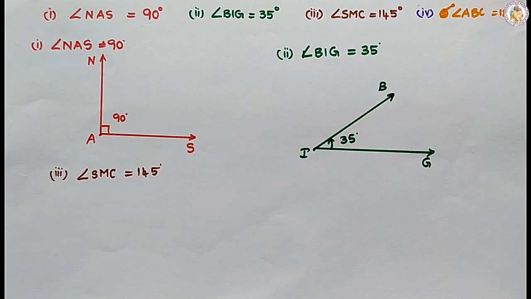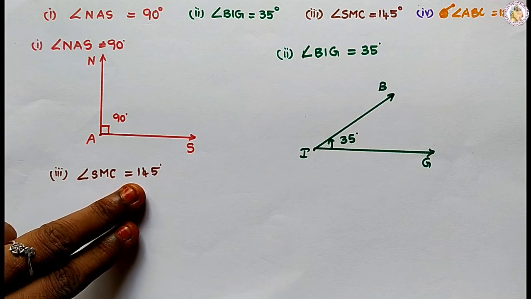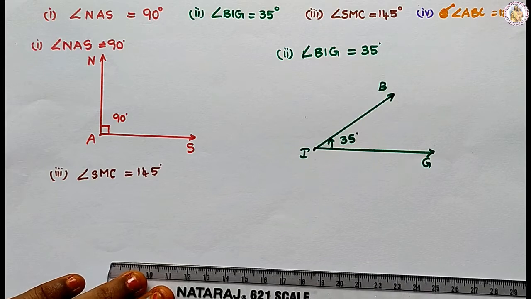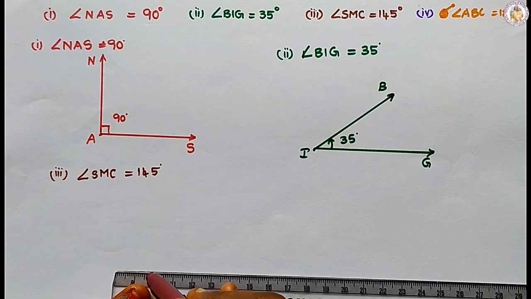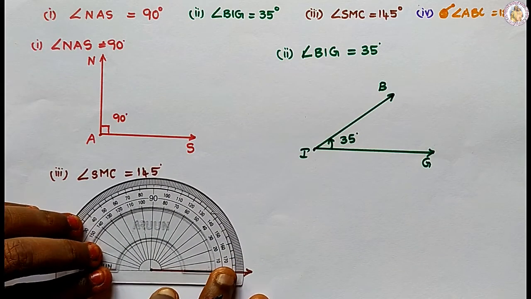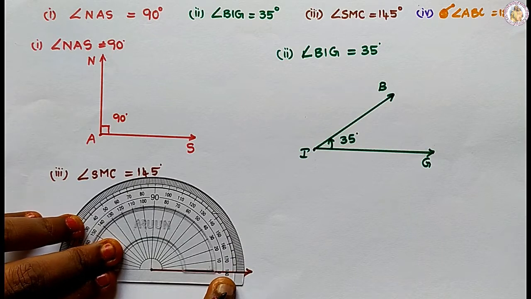Next one, angle SMC equal to 145 degrees. Listen, draw a ray. Keep the protractor. Center is the starting point.